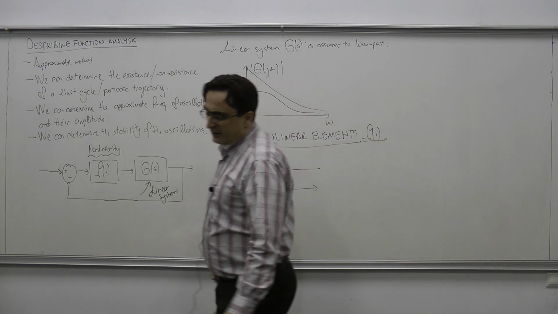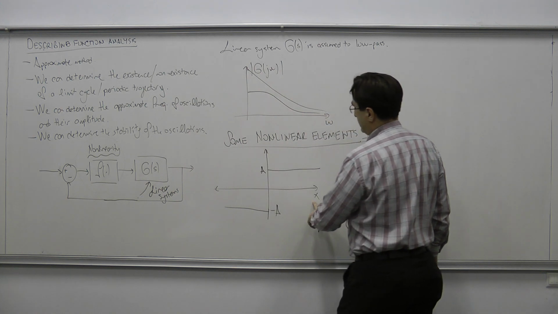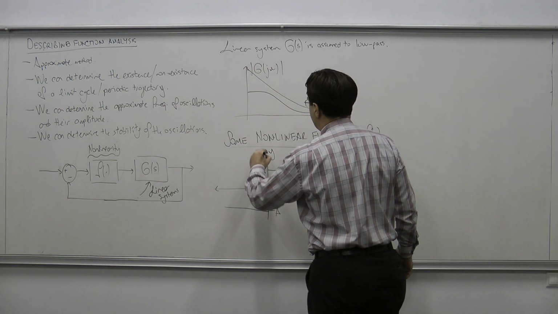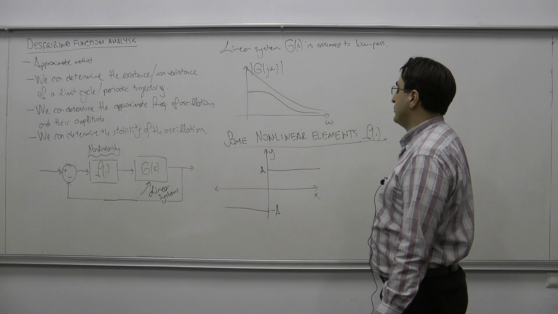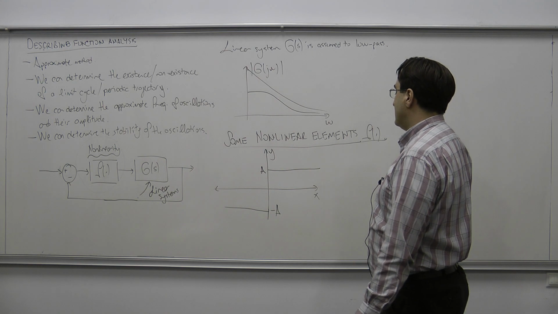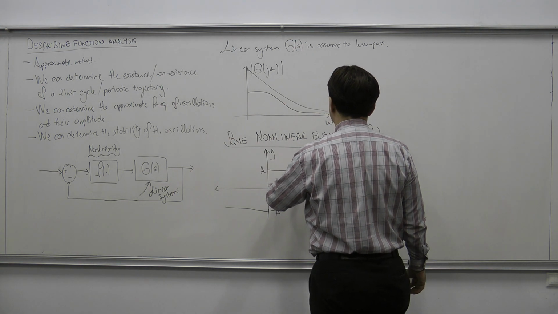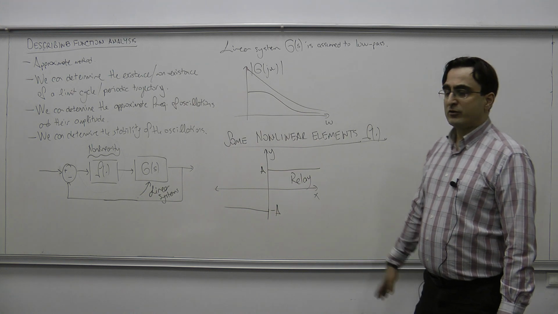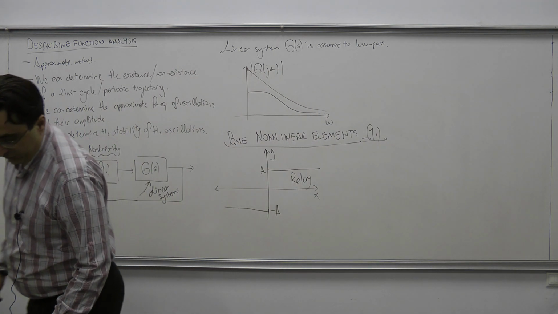So the input of the nonlinearity is X and the output, let us say, is Y. So this is a switching type of nonlinearity, and in nonlinear control we would call this type of element a relay. Okay? A relay type of nonlinearity. It's just a basic switch. All right?